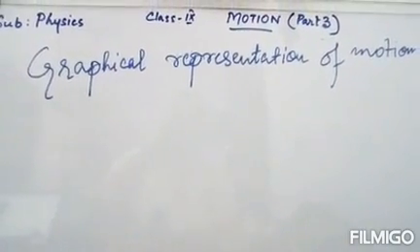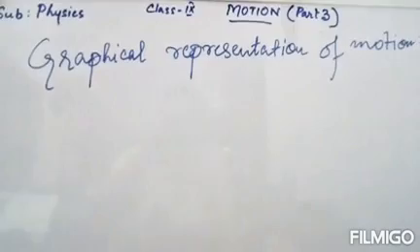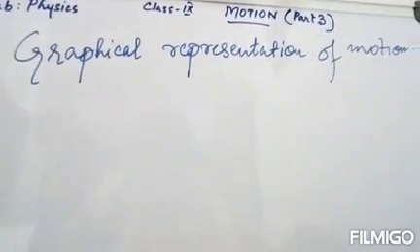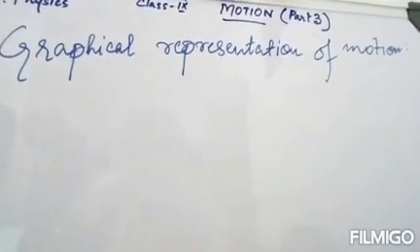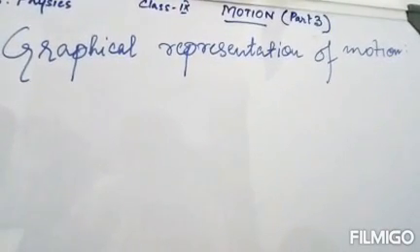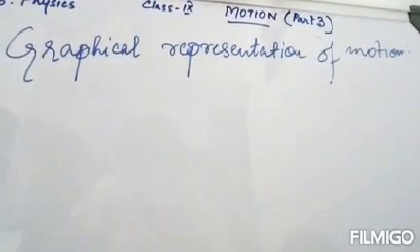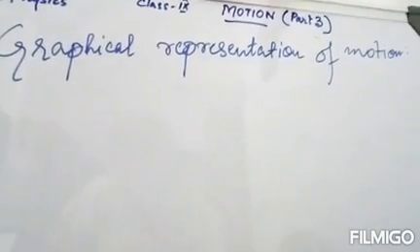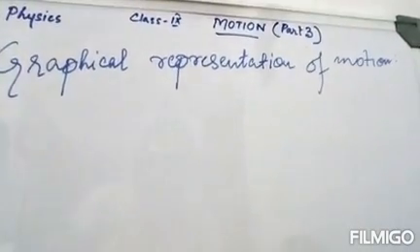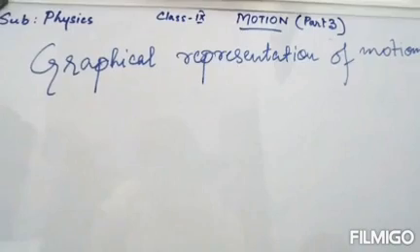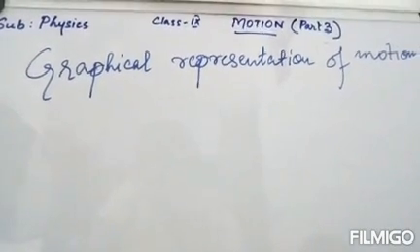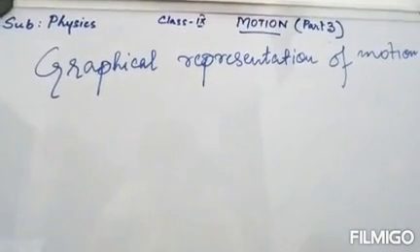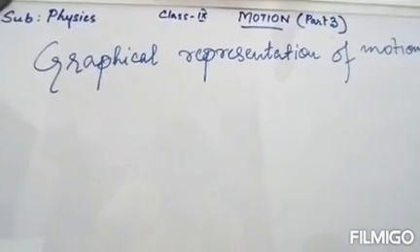Next we have graphical representation of motion. So long we have studied about distance, time, velocity. Now we will see what is a graphical representation of it. There are two types of graph that we will be dealing with: one is distance time graph and the other is velocity time graph.